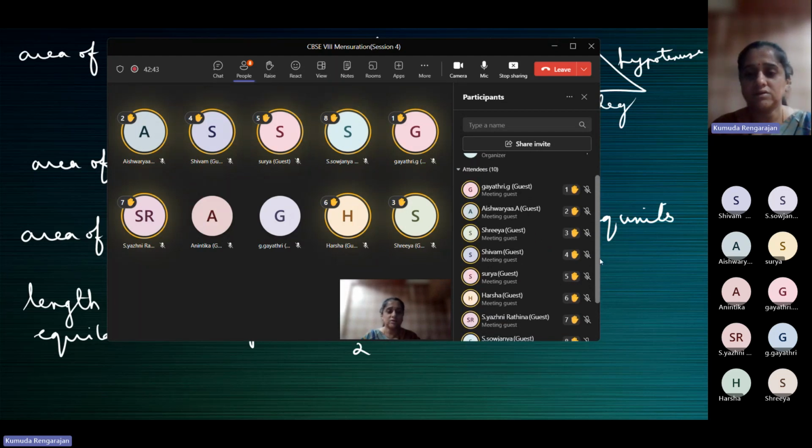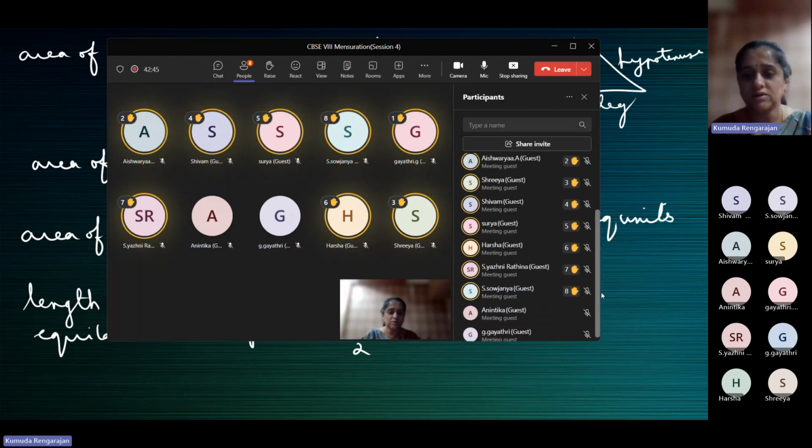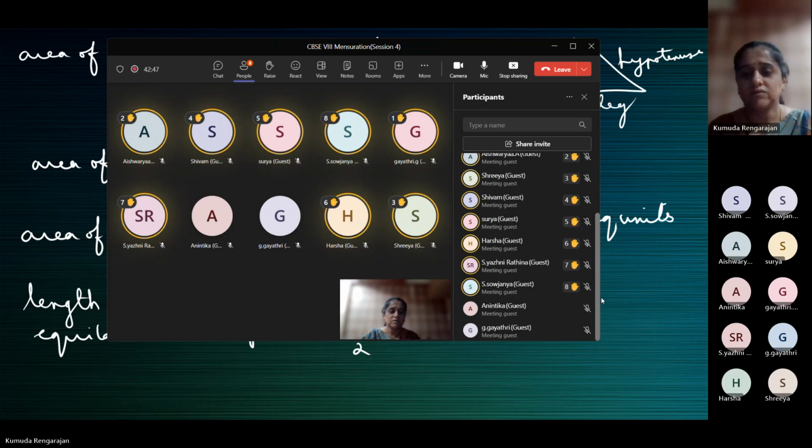Gayatri, Aishwarya, Shreya, Shivam, Surya, Harsha. Finish your exams, Harsha? Yes, ma'am. Okay. Yani, Saujanya, Anintika, Gayatri. Anintika, your school has reopened after the exams, or you're on your vacations now? Ma'am, actually, they didn't even give one day break.